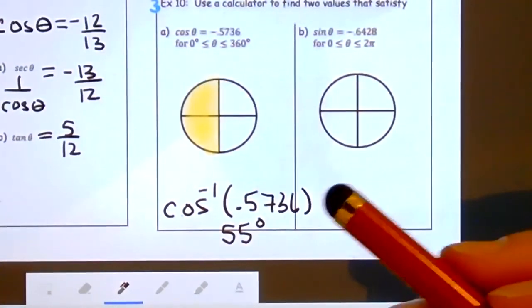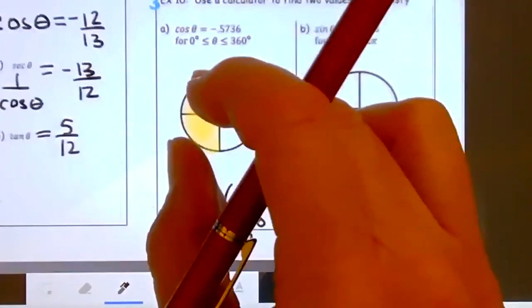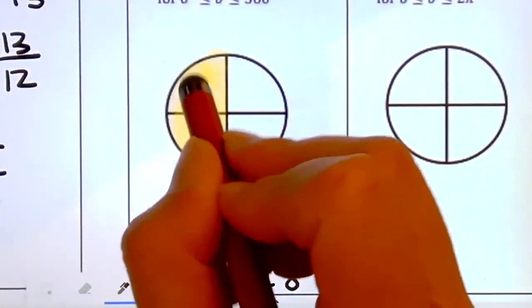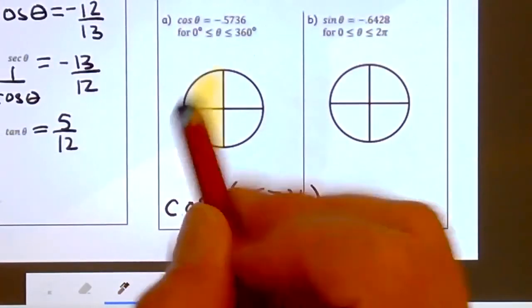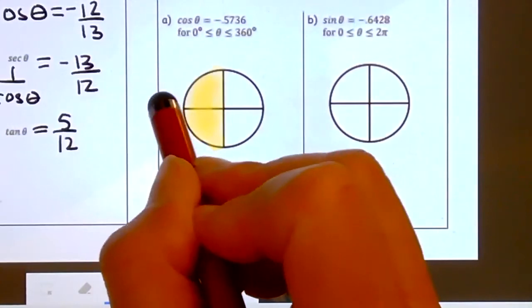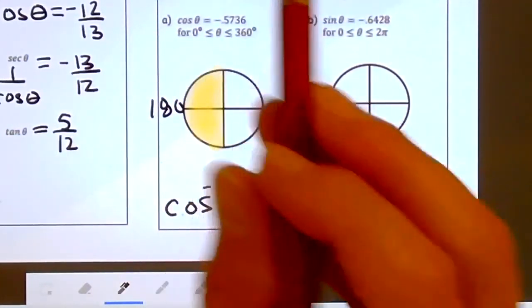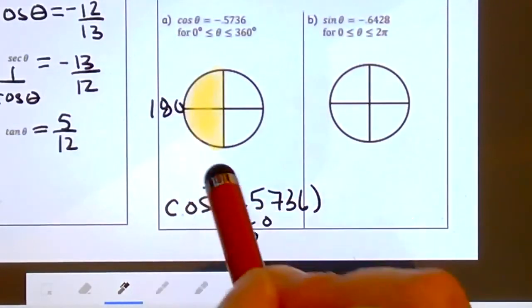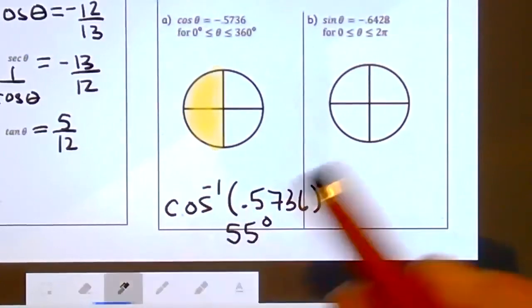Now, that's not going to be my answer because that would be in this quadrant. But what I know is that I'm going to be going 55 degrees short here and 55 degrees more here. So this is 180, okay? So to get this answer, I'm going to be taking 180 minus 55. So let me just write that here.